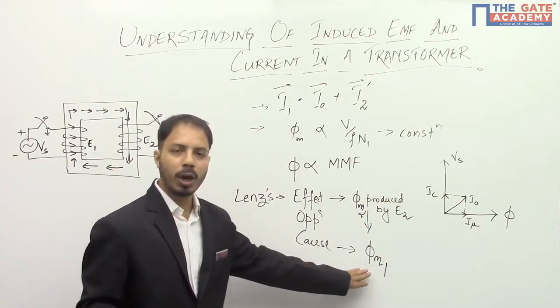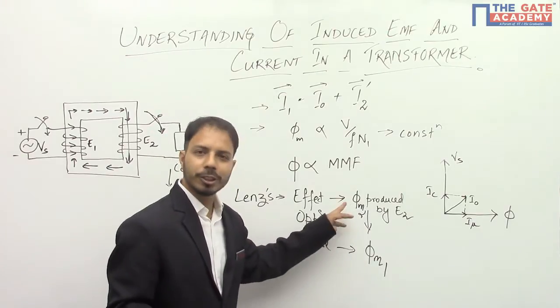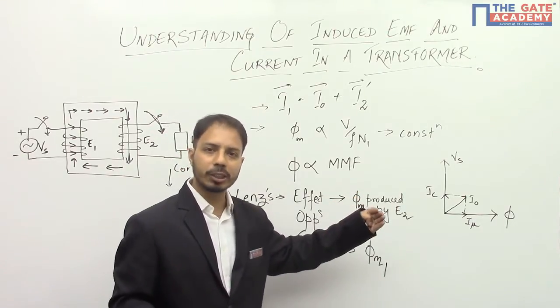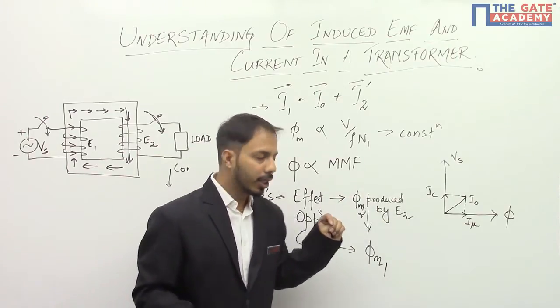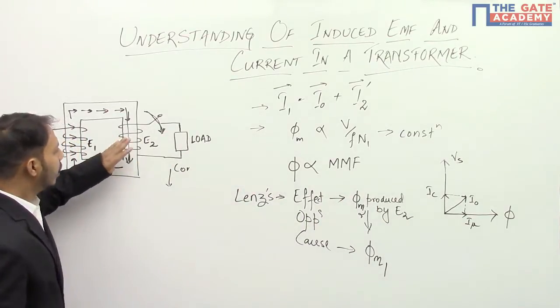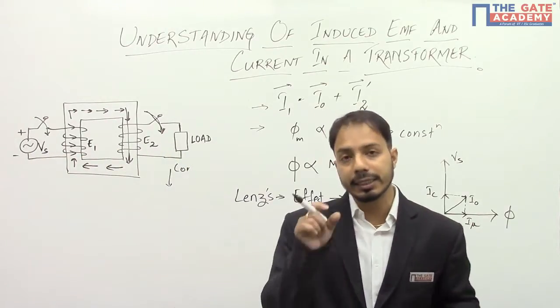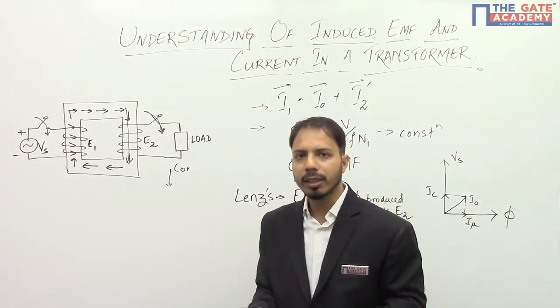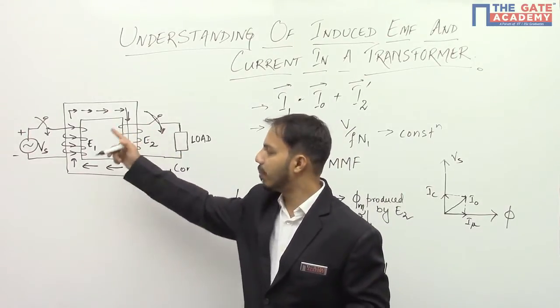So the phi m1 that is produced by the primary will be opposed by a secondary flux which is produced by the induced EMF of the secondary. Now that means the induced EMF direction should be such at a particular instant that it will oppose the change in the primary flux.